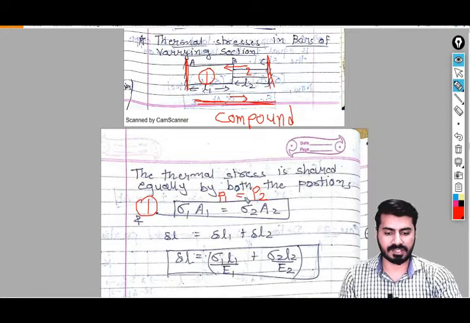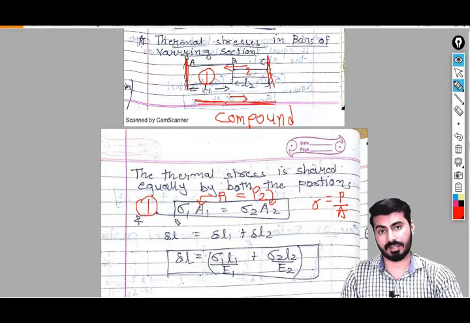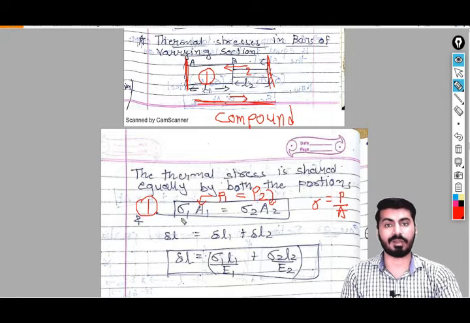So these two forces are the same, and that is why if we use this relation, that is stress equals to force upon area, then you can directly write P instead of P1 as sigma 1 A1 and instead of P2 sigma 2 A2. So this is our first equation which we are going to use to solve this example.